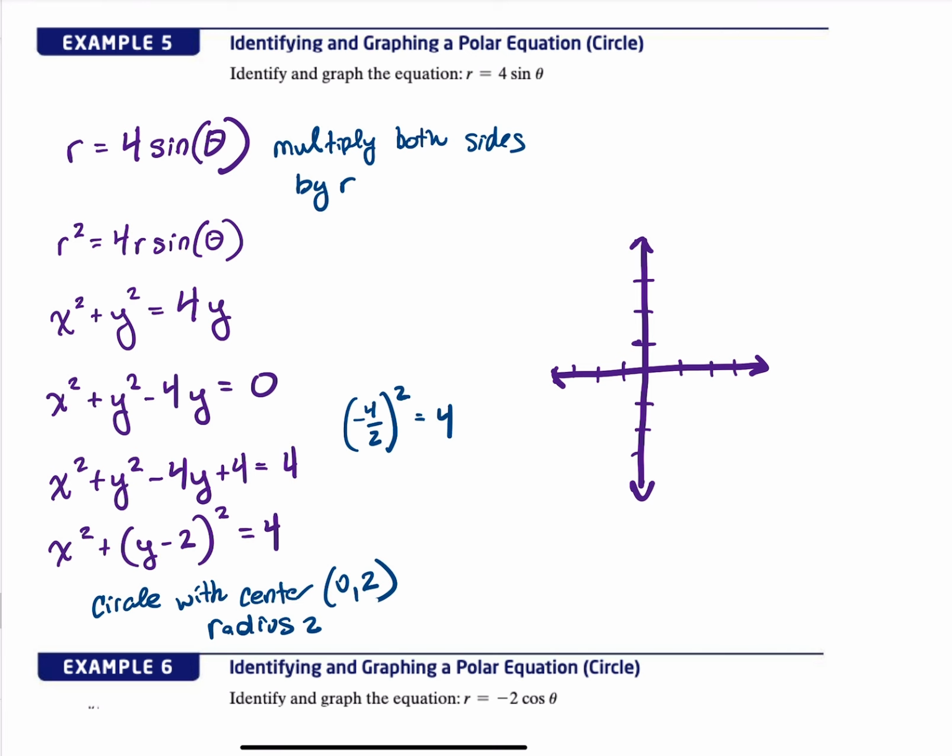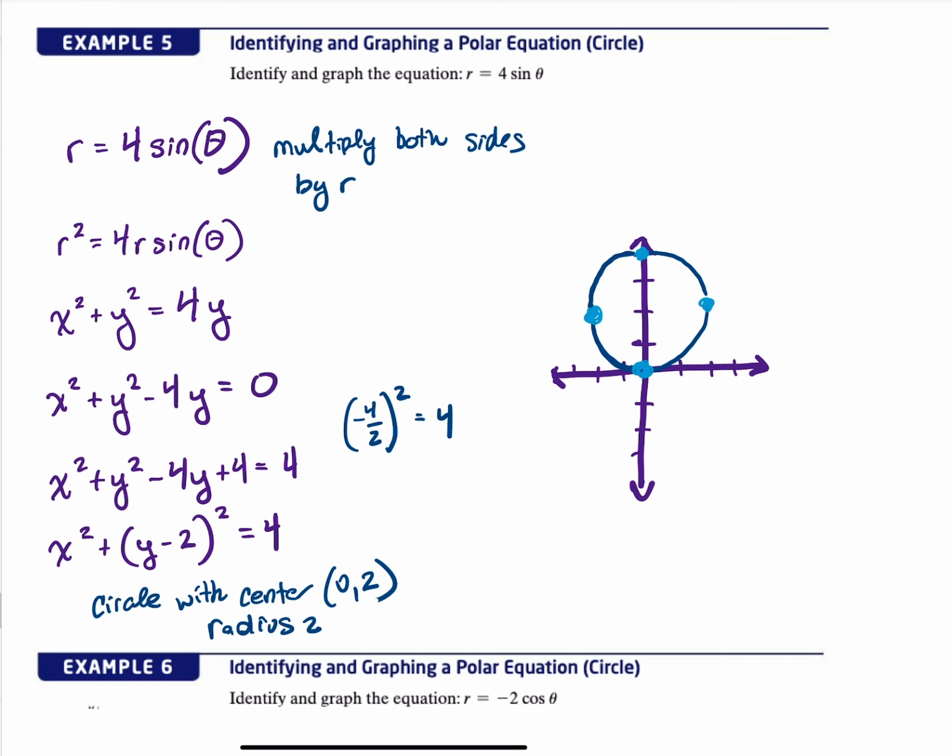And it has a radius of 2, so it should go 2 units above and below positive 2. And then to the right, 2 units, to the left also 2 units. So we can see we get the equation of a circle, and if it involves the sine, we should see the circle appear like this above or below the x-axis.